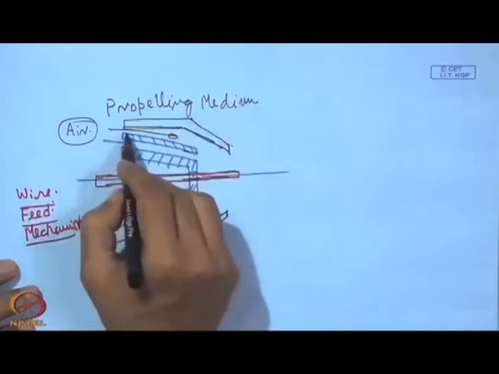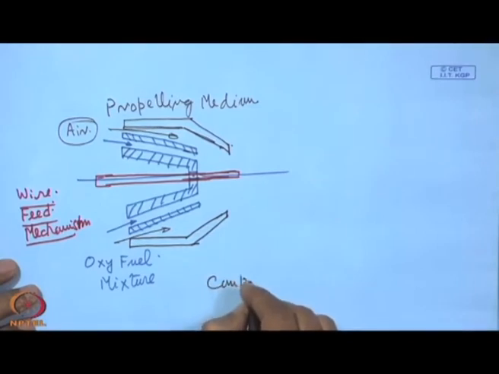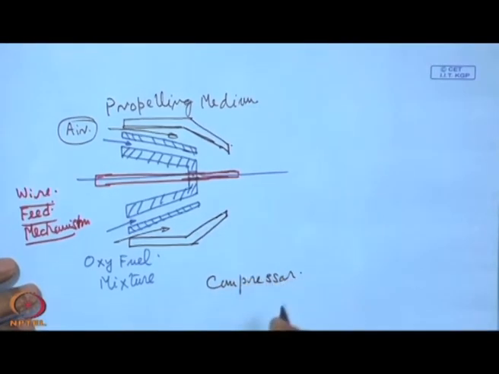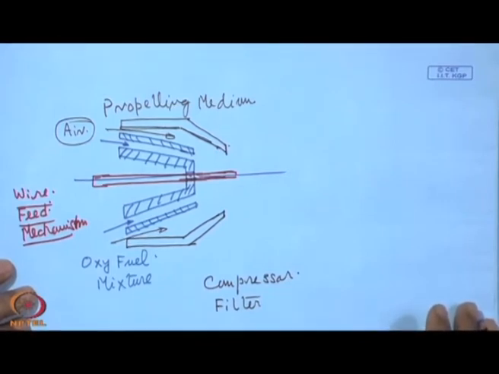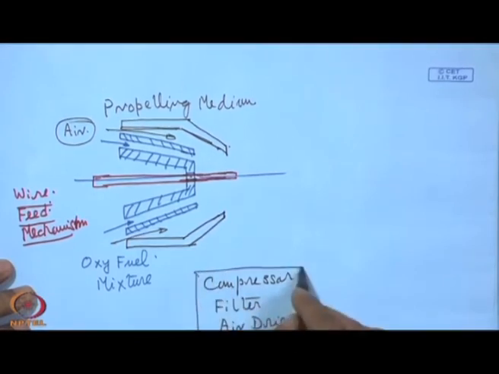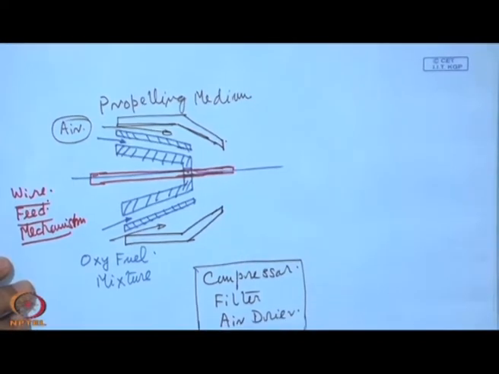Obviously, on the upstream side, what do we need? We need one compressor, we need one filter. These are the peripheral units. It is a must for any supply of quality air. Then we have a series of filters, and finally we need the air dryer. These are the units, and then there is also one flow controller, that means the amount of air which is passing here.